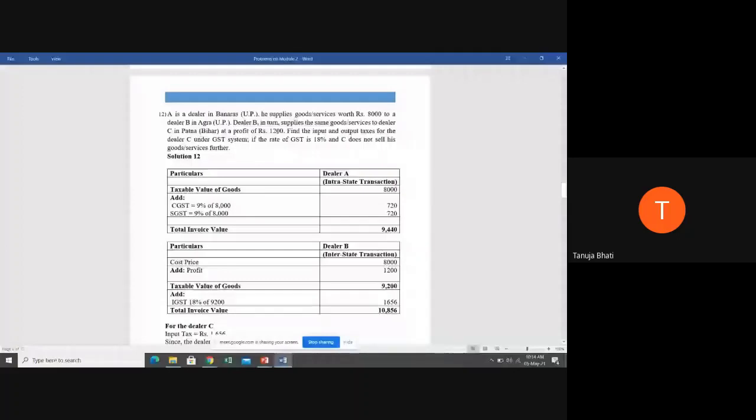Find out the input and output tax for dealer C under the GST system if the rate of GST is 18% and C does not sell the goods further.